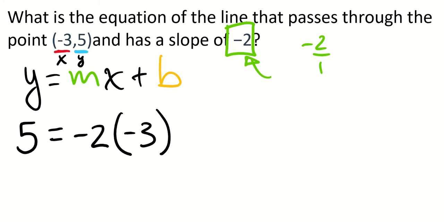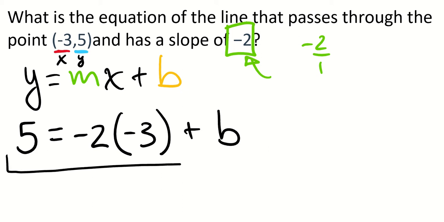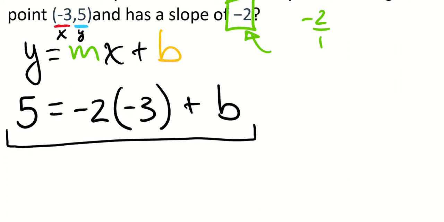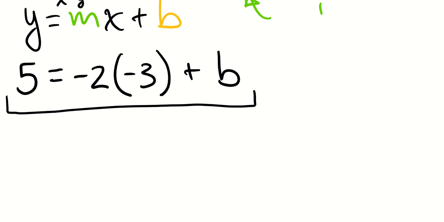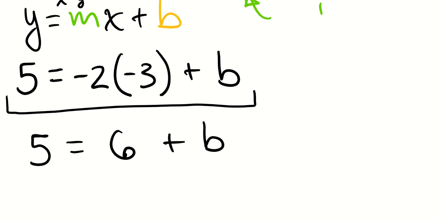5 equals -2 times -3 plus b. What's beautiful about this is the only thing I do not know is b. If I simplify, this becomes 5 is equal to +6 plus b. -2 times -3 is +6, plus b.